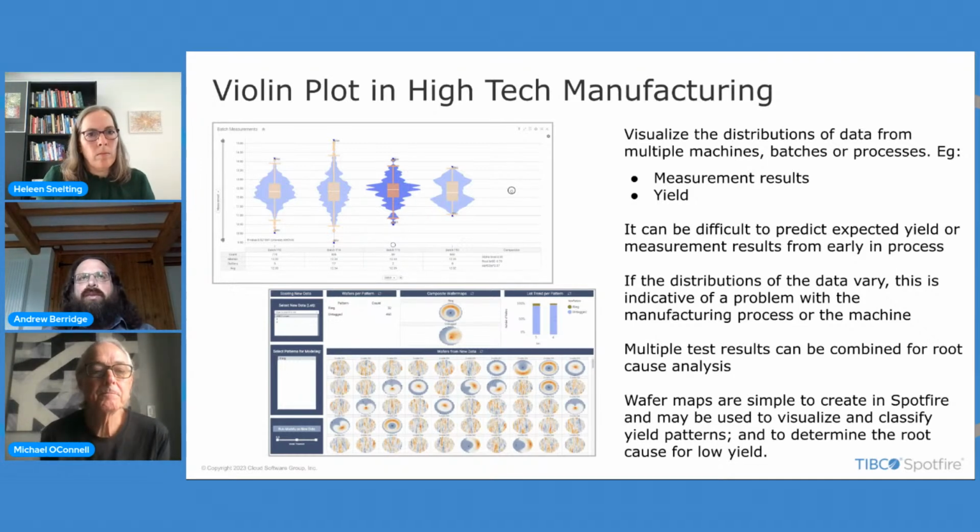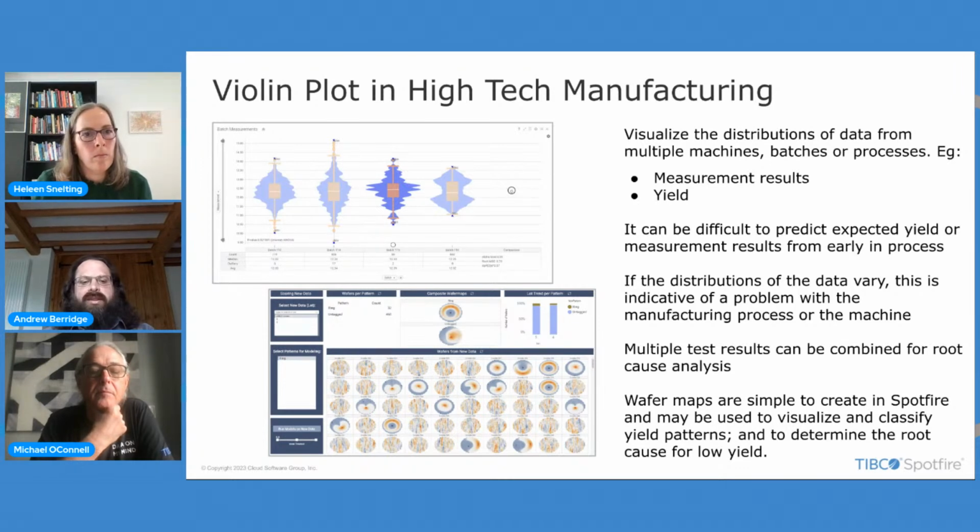From what I understand when working with semiconductor manufacturing, you don't always know what measurement results you should expect from your data. So you can't empirically say that one batch is better than another, or a yield of a batch is better than another, or a measurement is better than another. You can't really say that. But what you are interested in is comparing the distributions of the measurements that you get from your measurement equipment.